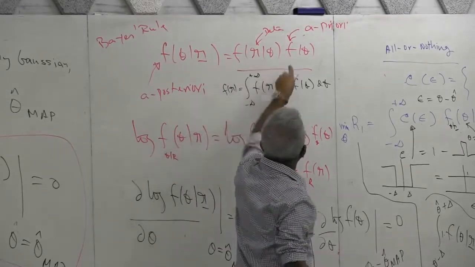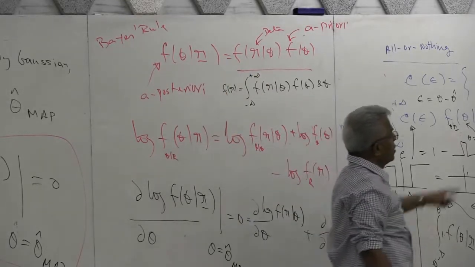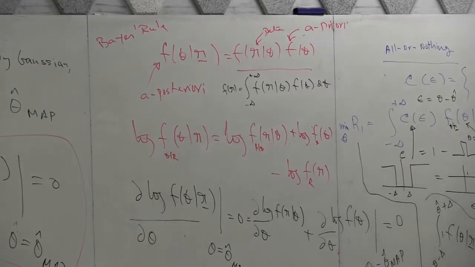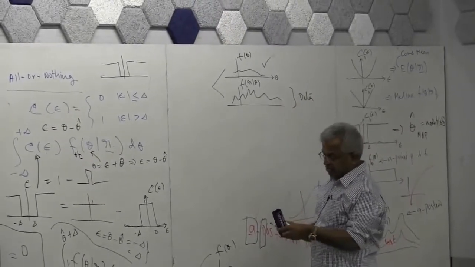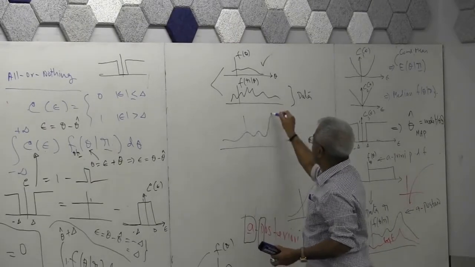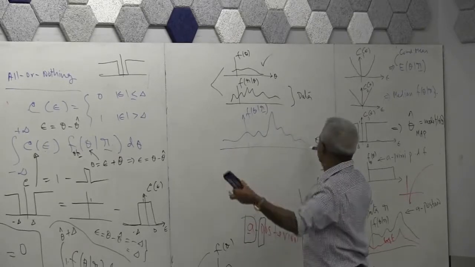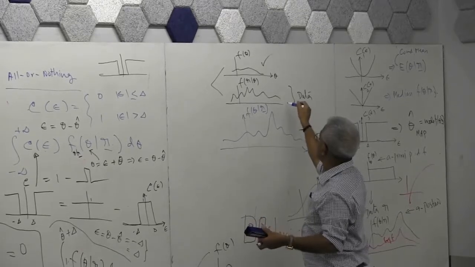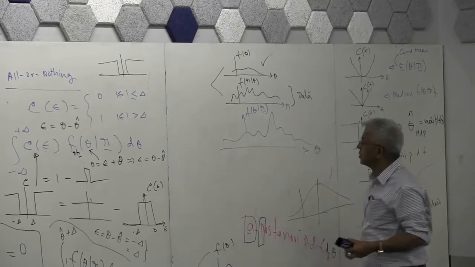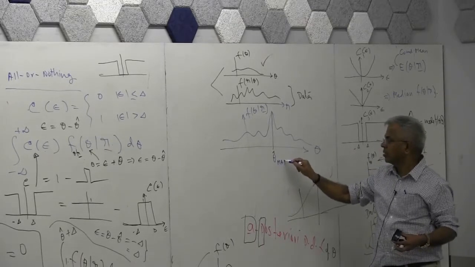So once you have these two, you can find f of r, you divide, you get f of theta given r, right? Machine learning, you have a priori, this is coming from the data in the context, you figure this out. Then using this you need to figure out f of theta given r, okay? That's where you will use that relation. Then this is your theta hat MAP, okay?